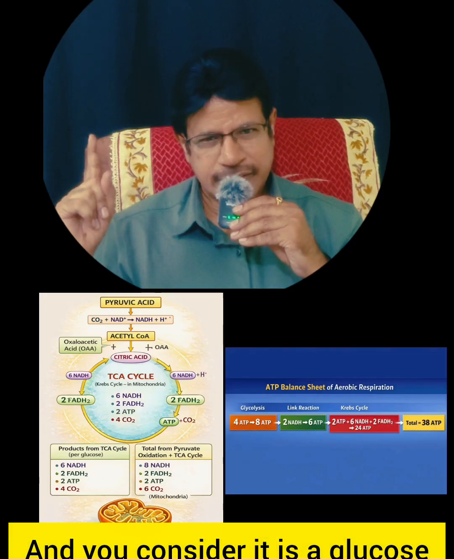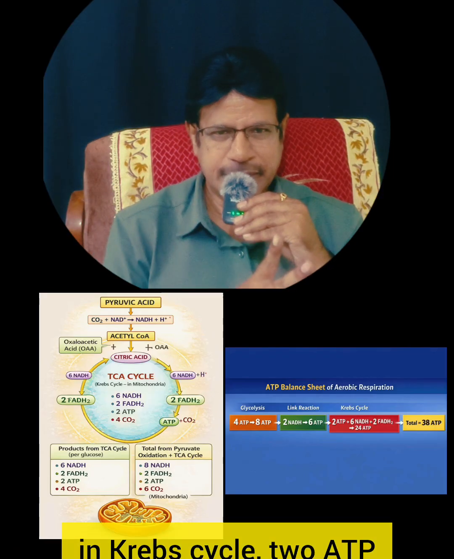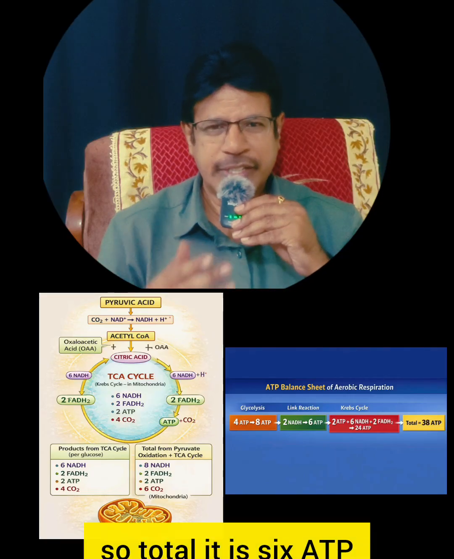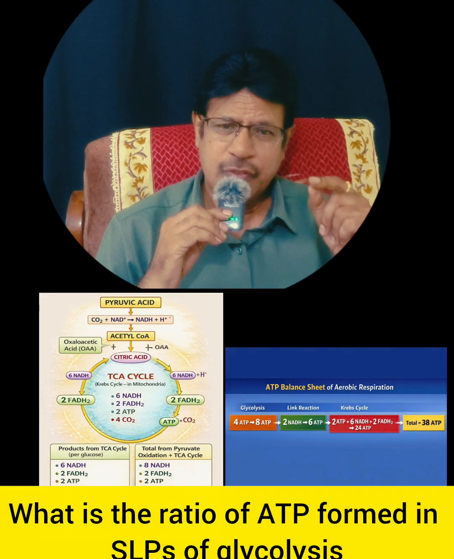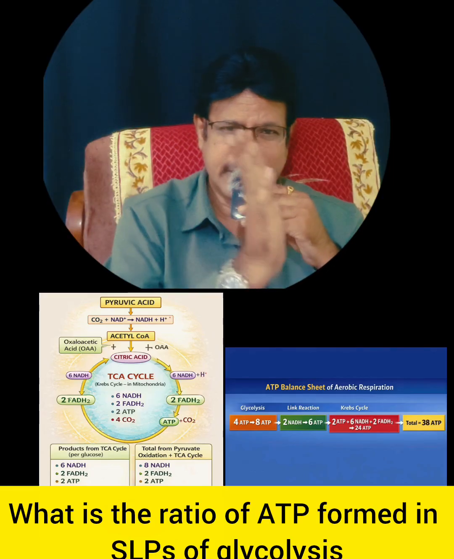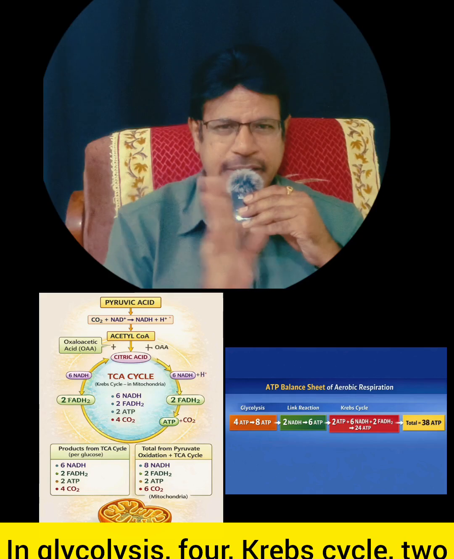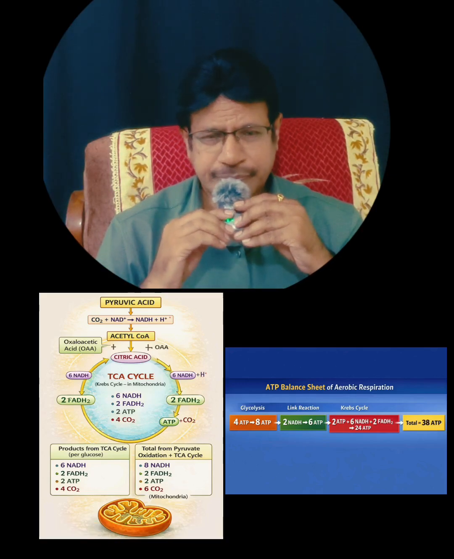Considering one glucose, in glycolysis, 4 ATP. In Krebs cycle, 2 ATP. So total it is 6 ATP. What is the ratio of ATP formed in SLPs of glycolysis and Krebs cycle? In glycolysis 4, Krebs cycle 2. So 2 is to 1.